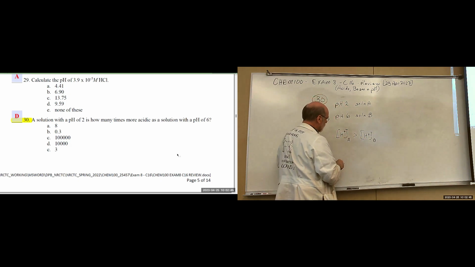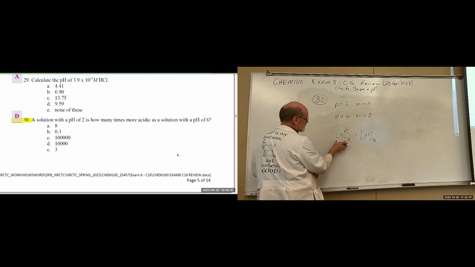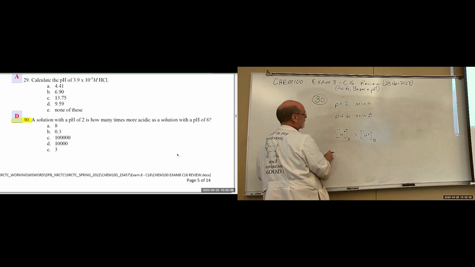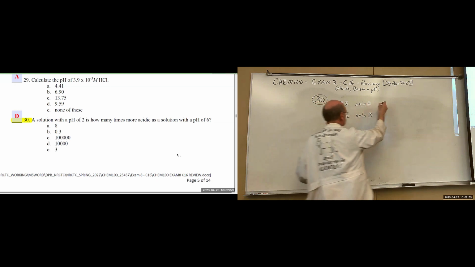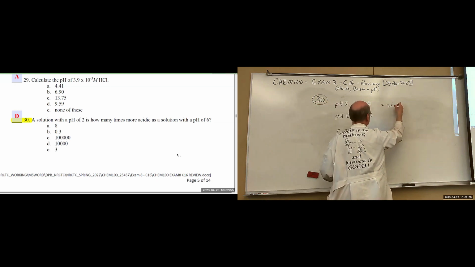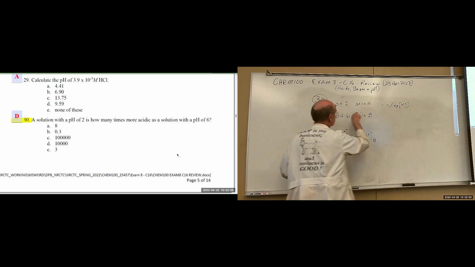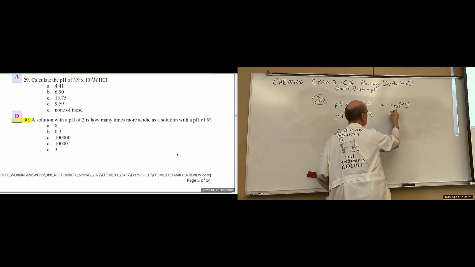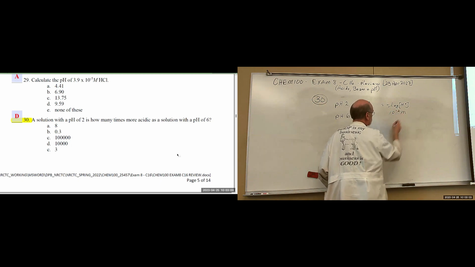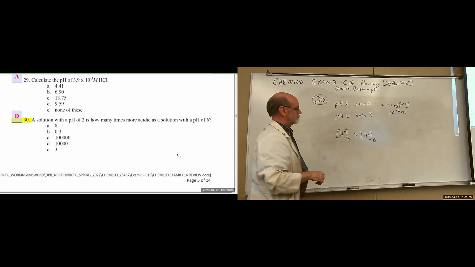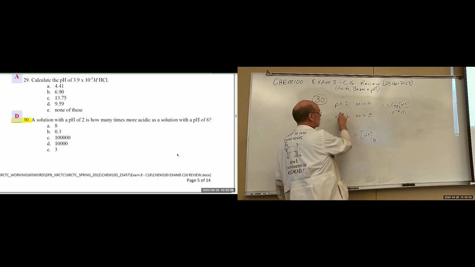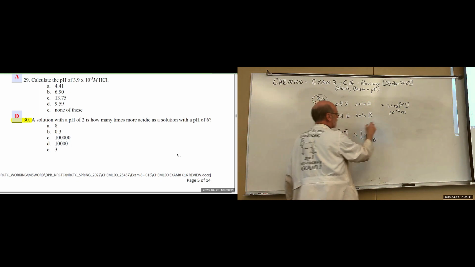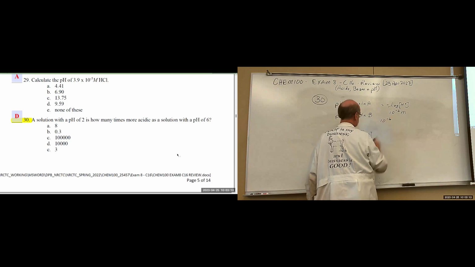So what would be the hydrogen ion concentration here? Well, pH of 2 would equal the negative log of hydrogen ions. Right? So 10 to the minus 2 molar would be the concentration of this one, and this one would be 10 to the minus 6.